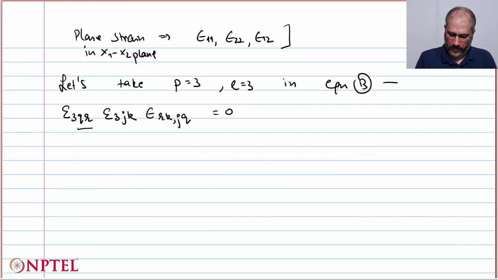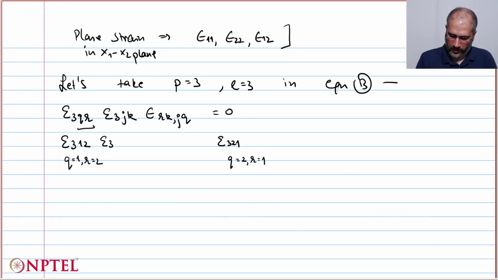So let's first expand over the indices Q and R. Now we know that if any two indices in epsilon are repeated, it's a 0. So we have only two combinations here, epsilon 312 and epsilon 321. This is for the case where Q is 1 and R is 2, and this is for the case where Q is 2 and R is 1.